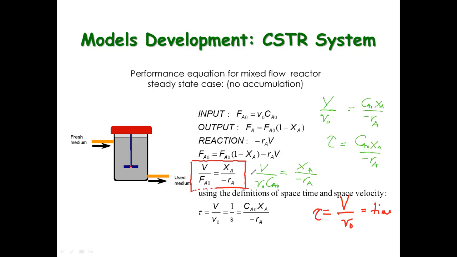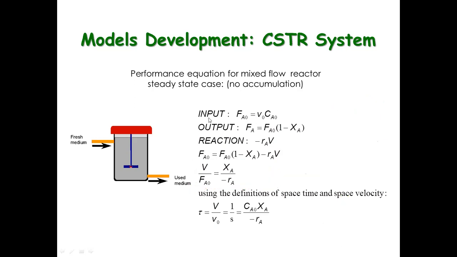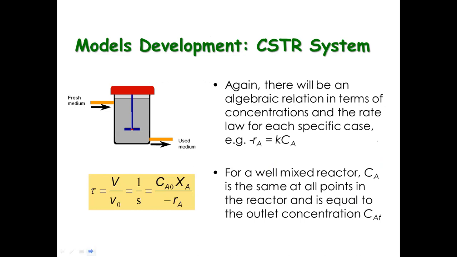Any question? So no more questions. I will just clear the markings here. Okay, we'll proceed. So that's for the CSTR. Now, again, there will be an algebraic relation in terms of concentration and the rate law for each specific case. So this is now the formula that we had written in the previous slide.